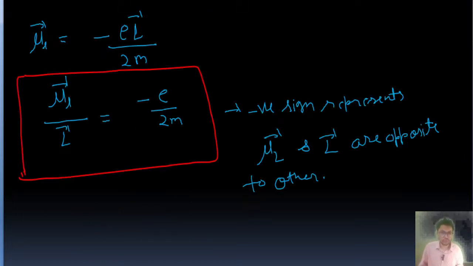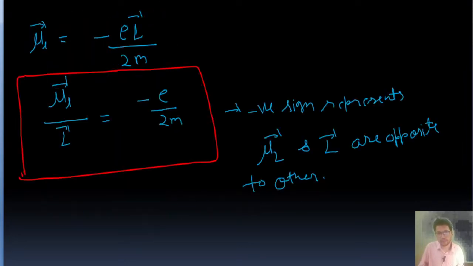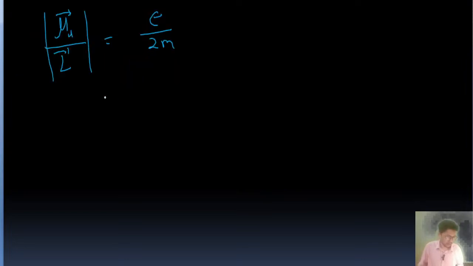Now if we take the mod of mu L upon L vector, this mod is going to be e upon 2m. And this ratio, the mod of mu L upon L, is known as the gyromagnetic ratio. Okay, important one.